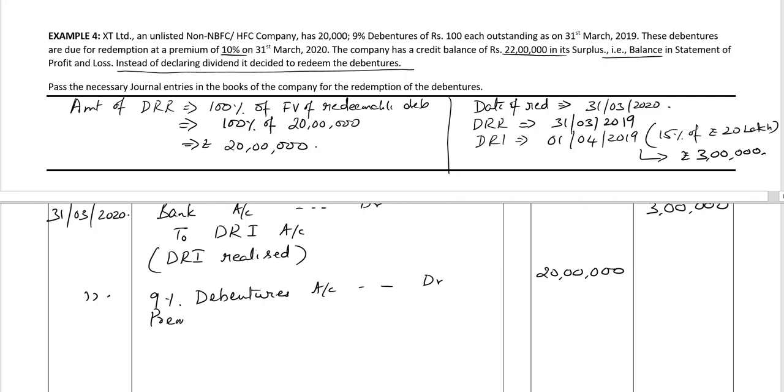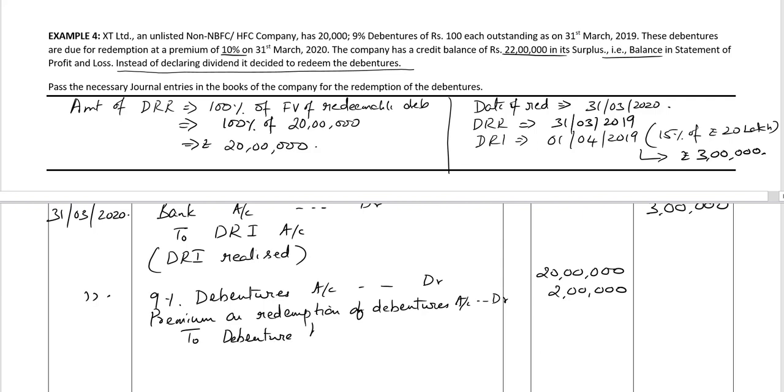Premium on redemption of debentures account debit, 10%, comes up to 2 lakh rupees, to debenture holders account. Amount payable 22 lakh rupees for amount due to the debenture holders.